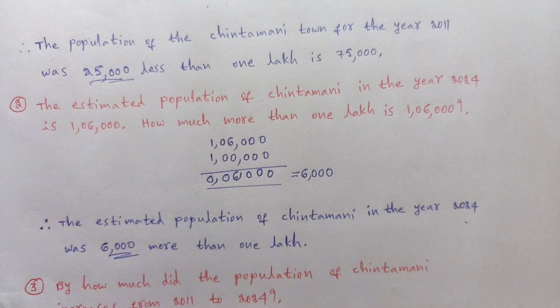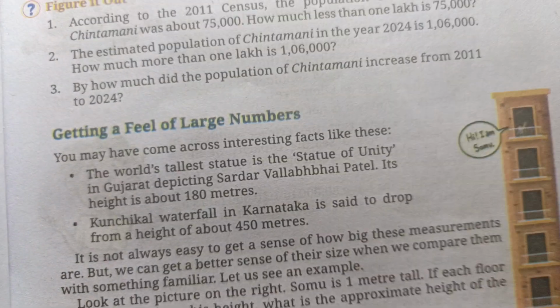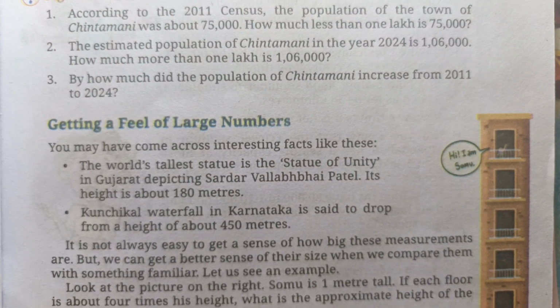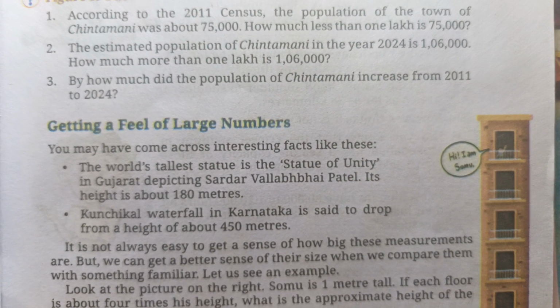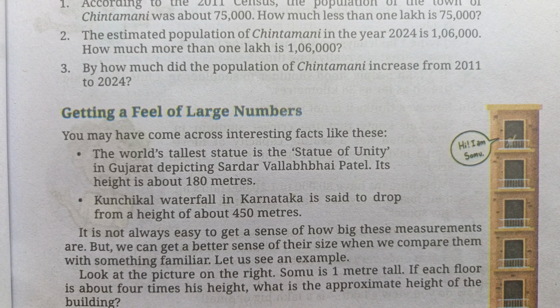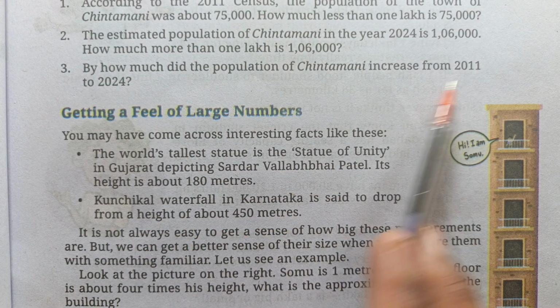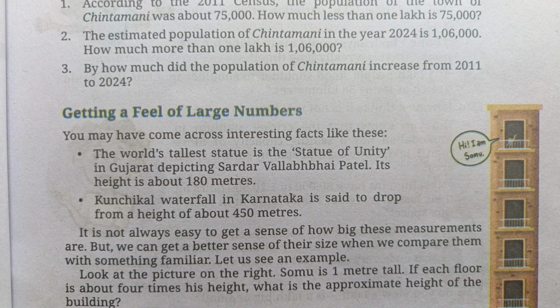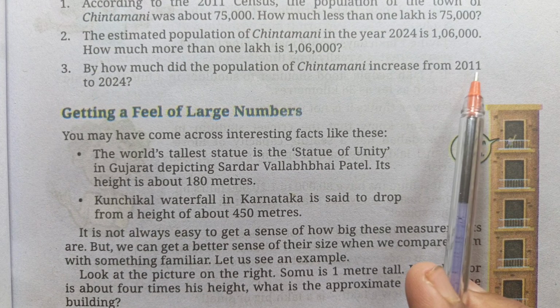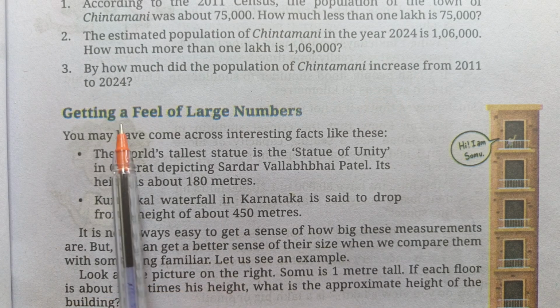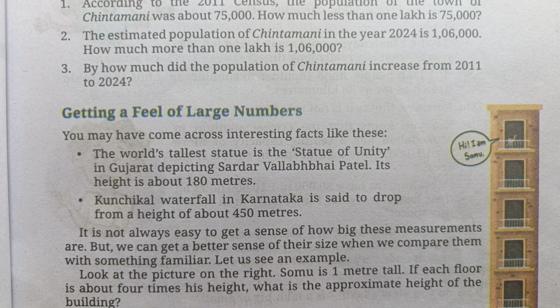Next, coming to the last question in this Figure it out. By how much did the population of Chintamani increase from 2011 to 24? So during these years from 11 to 24, how much did the population increase in Chintamani town? That is the third question.